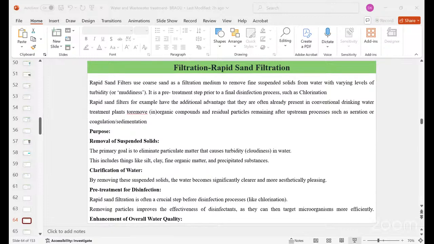And multimedia filters as well, which combine layers of different materials like anthracite and garnet, can further enhance the filtration efficiency. Another key factor is the filtration rate, where rapid sand filters operate at a relatively high filtration rate compared to slow sand filters, which allows higher throughput of water, but it also requires careful control to maintain effective filtration.